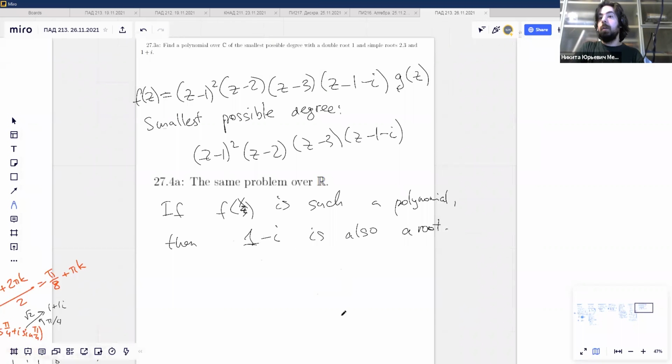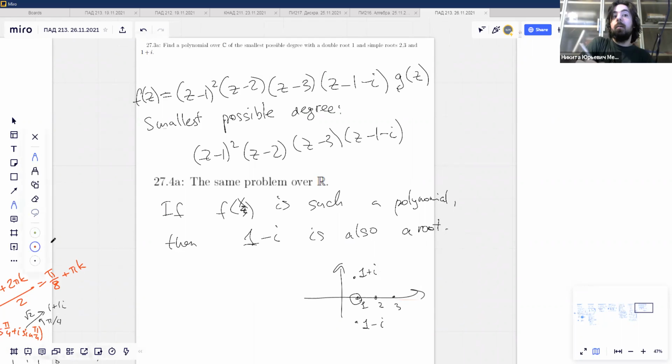I can draw a picture like this. It has a double root 1, roots 2, 3, 1 plus i, and so 1 plus i should have a pair, 1 minus i. Those roots don't require a pair because they're on this axis. They're paired to themselves. But those roots require a pair. Otherwise, complex numbers won't cancel.